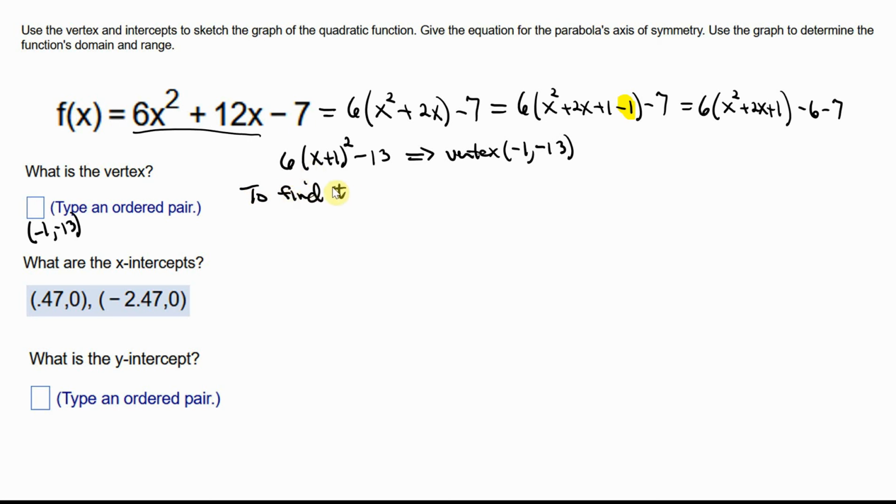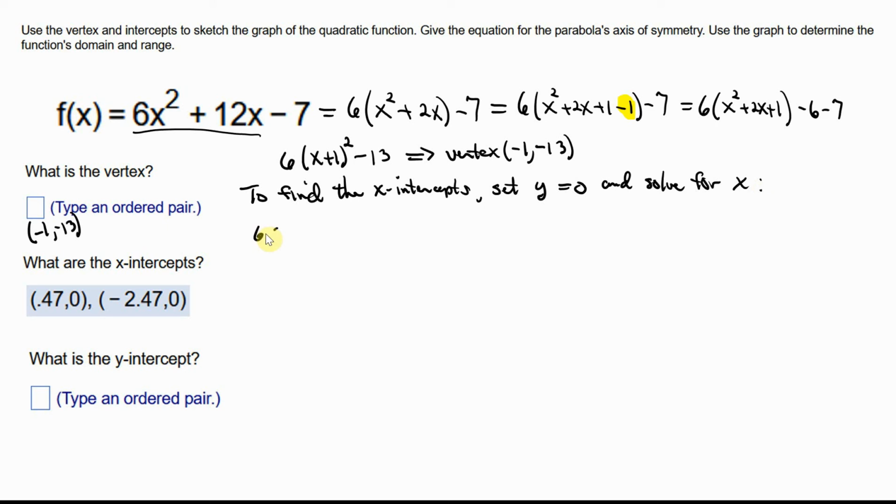So to find the x intercepts, set y, that's the same thing as f of x, equal to 0, and solve for x.